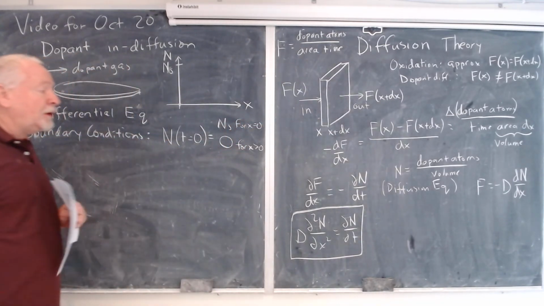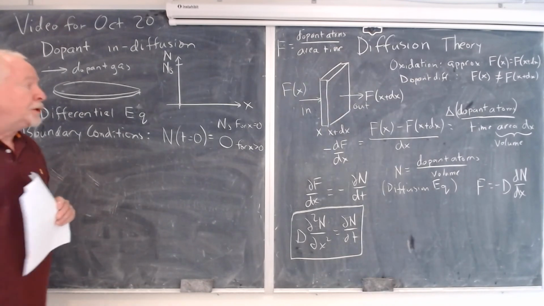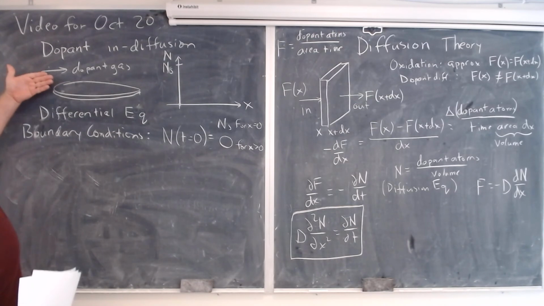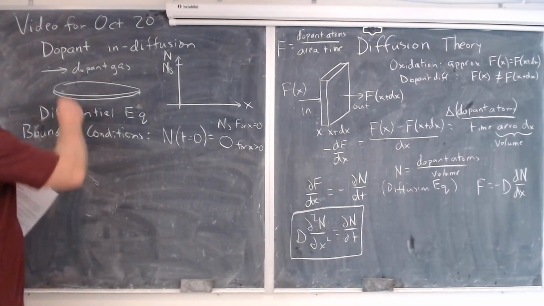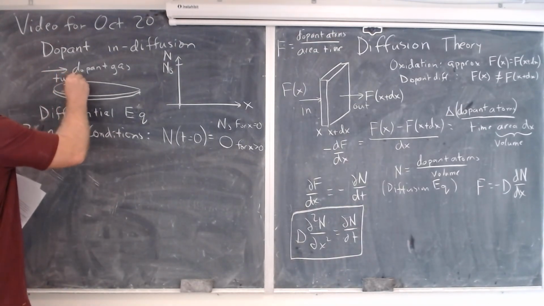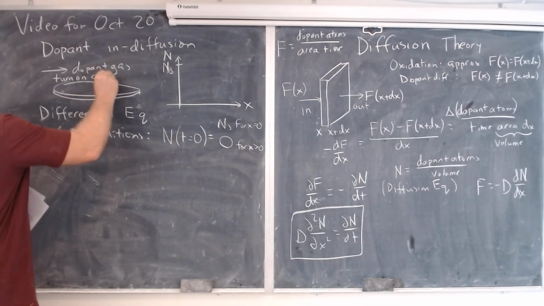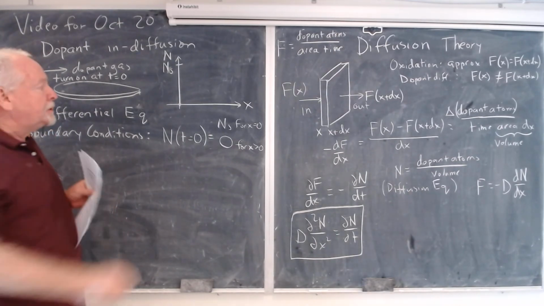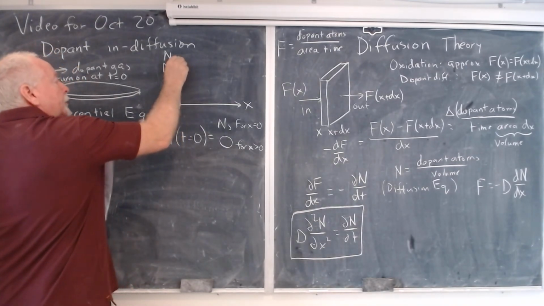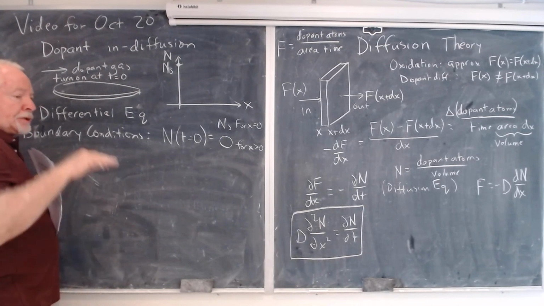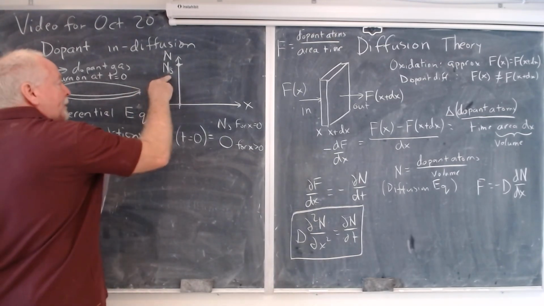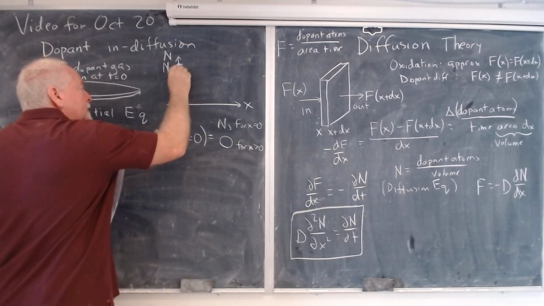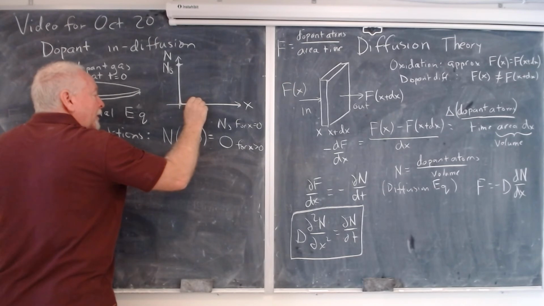Now that sounds pretty funny, and it actually is a funny boundary condition because it's saying that I turn on the dopant gas at t equals 0, and instantaneously the concentration at the surface of the wafer goes up to N sub S. But it's 0 everywhere else because nothing has happened yet. And so it kind of looks like that.